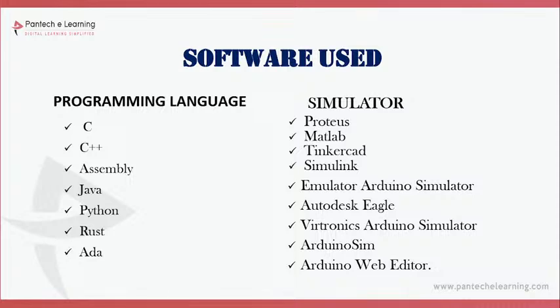These are the languages: C, C++, assembly, Java, Python, Rust, Ada, all those things you will be using, depending upon the controller. Some controllers will work only with some programs, so you use the program depending upon the controller.